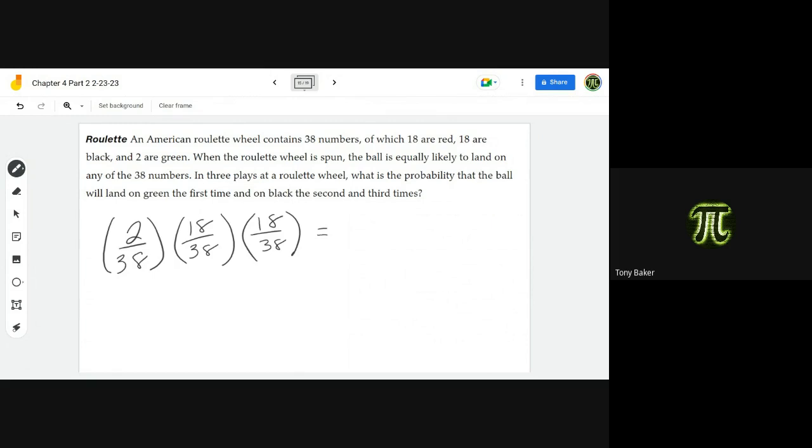So when we multiply those three together, we get 0.012, so a 1.2% chance that that happens.